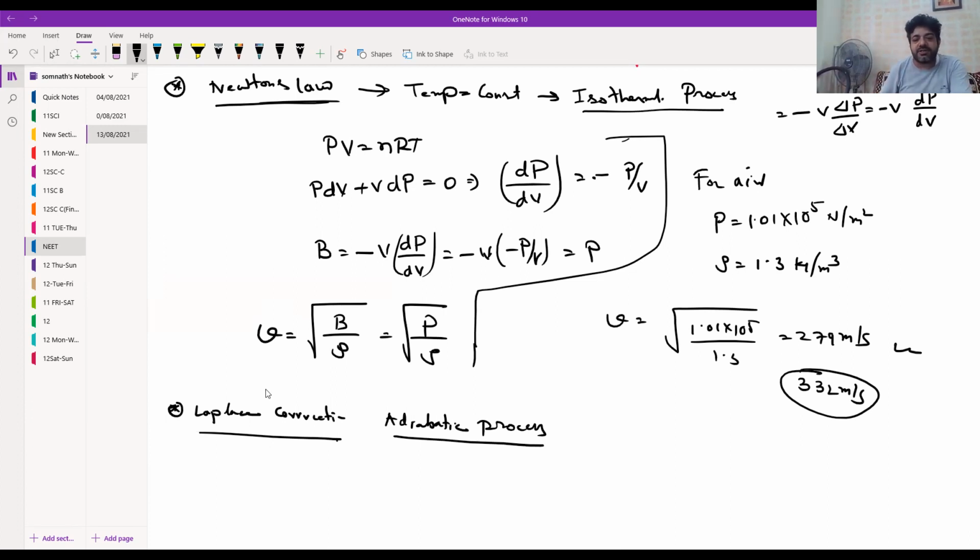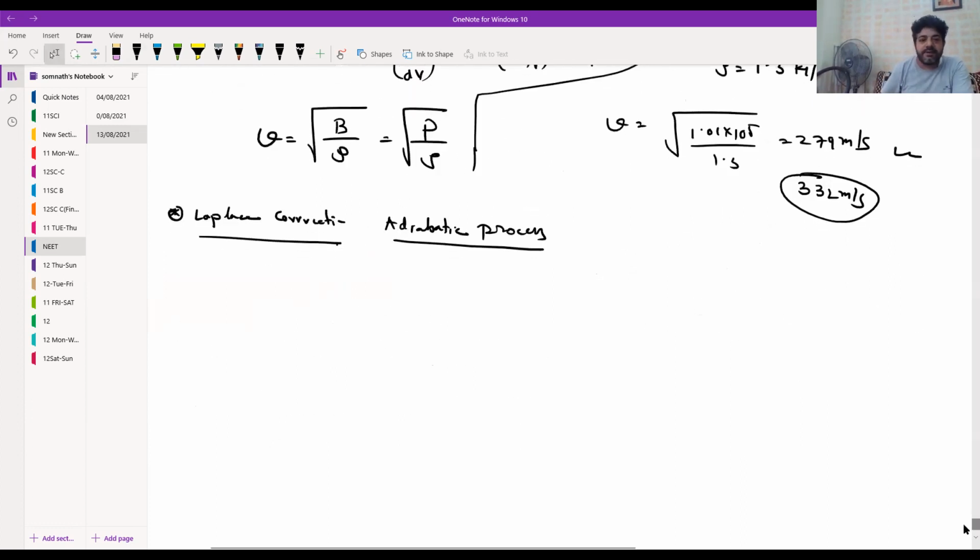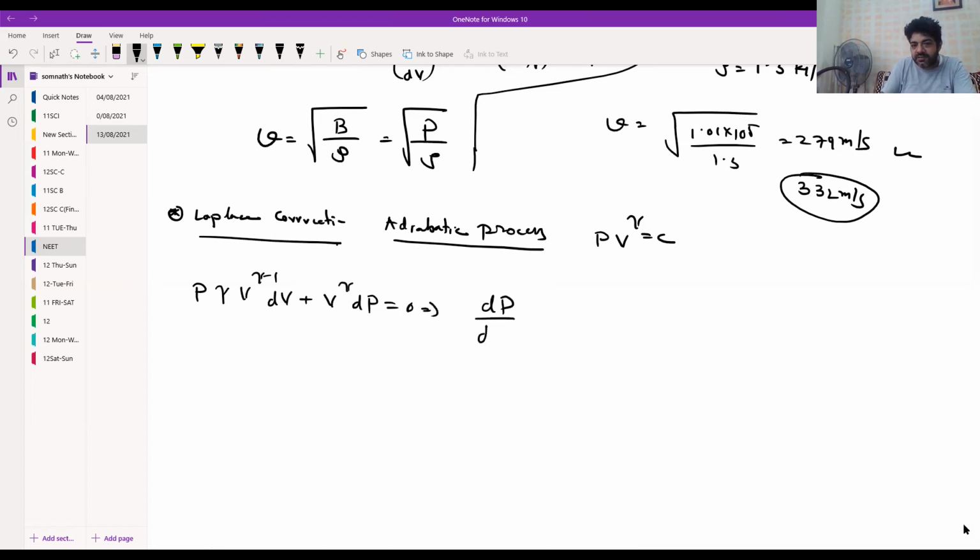और एडियाबेटिक प्रोसेस में क्या होता है कि PV to the power gamma is constant. We know this. So when we differentiate, we get gamma P V to the power gamma minus 1 dV plus V to the power gamma dP equals 0. And when we solve this, you just remember in this way, dP by dV minus, पहले क्या था?